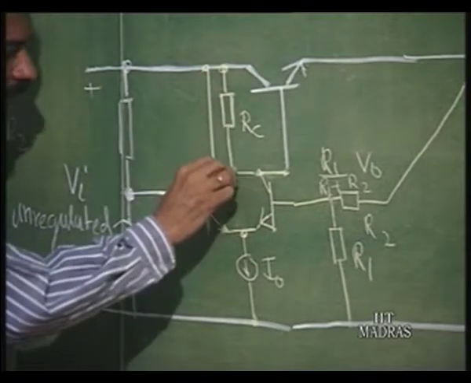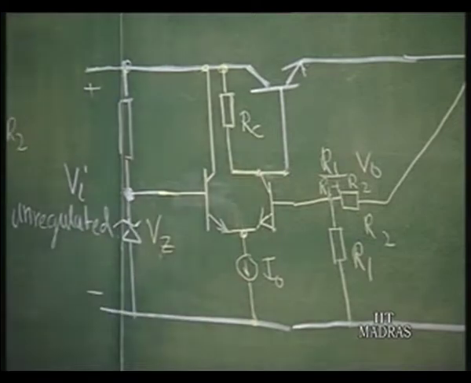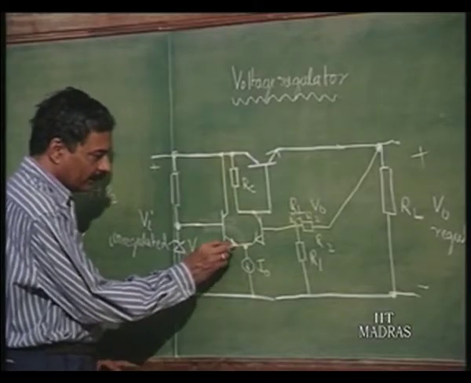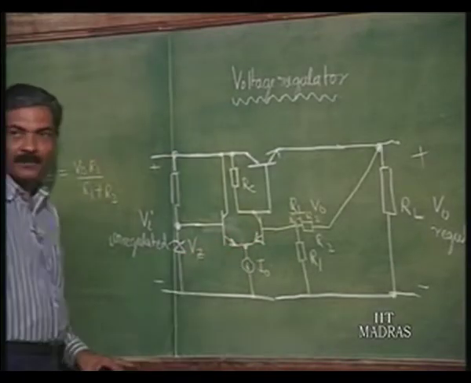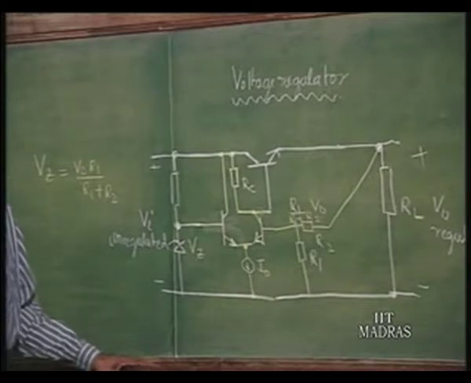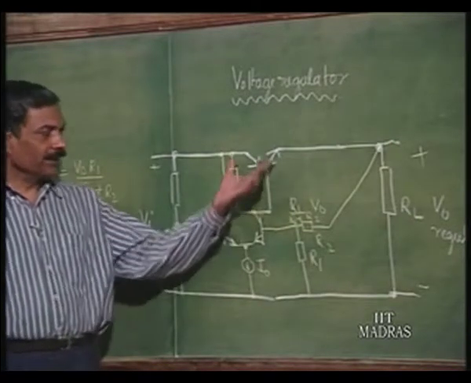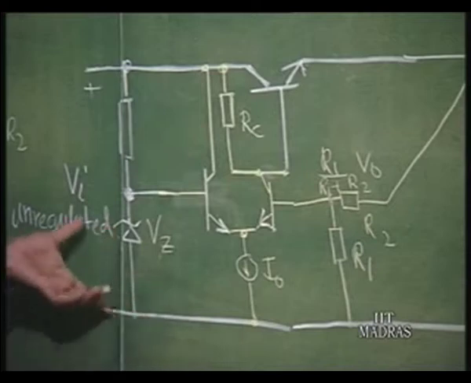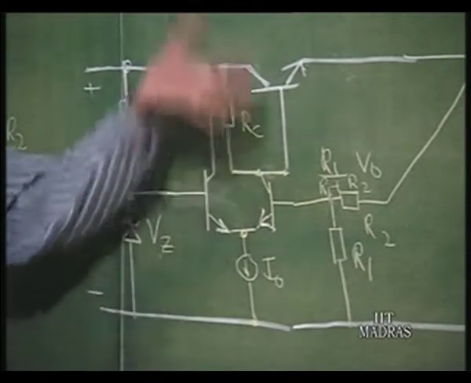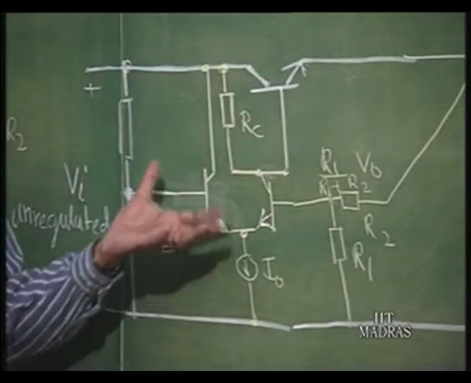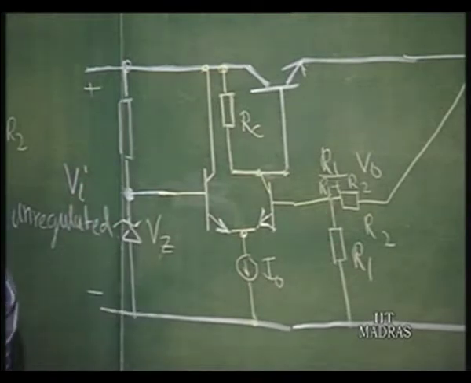So, you will see that this configuration is normally available as a voltage regulator IC. In the IC, manufacturers have a differential amplifier, a series pass transistor and a voltage reference as part of the IC. So, this is a crude picture of a voltage regulator integrated circuit.